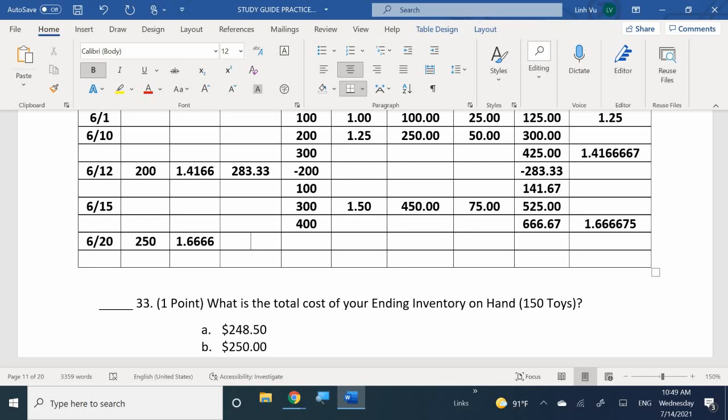For 1667, 416.67. Okay, so then we can subtract that out. 250 minus 41667. So therefore, right, we should have, so what's 450? I'm sorry, 400 minus 250 should give you 150 remaining.